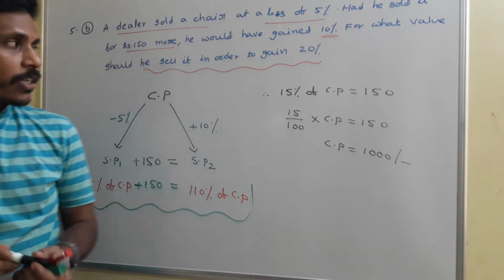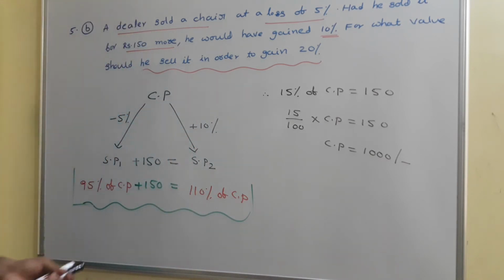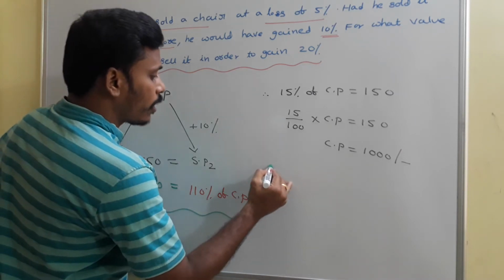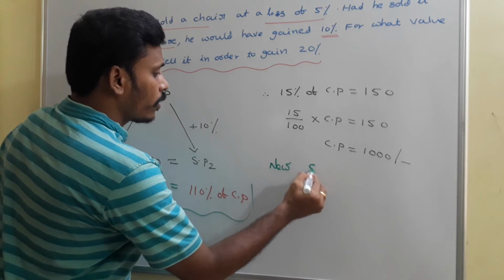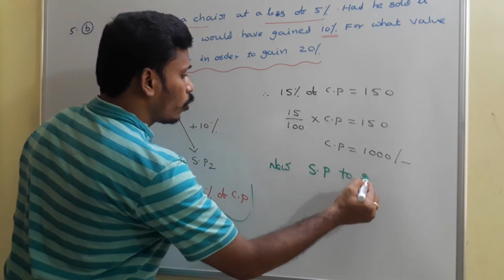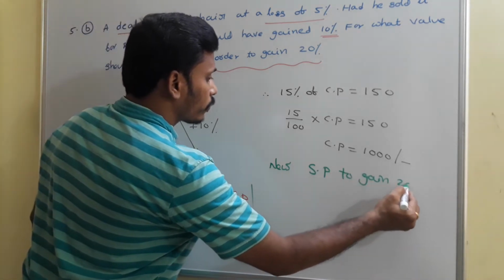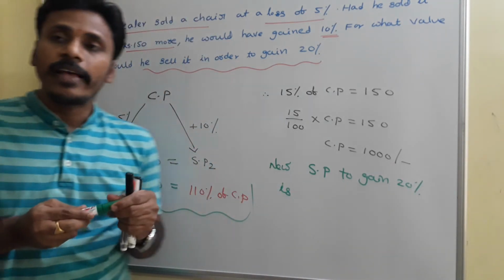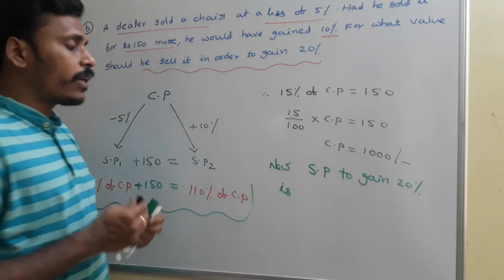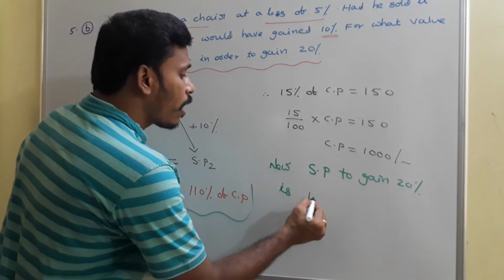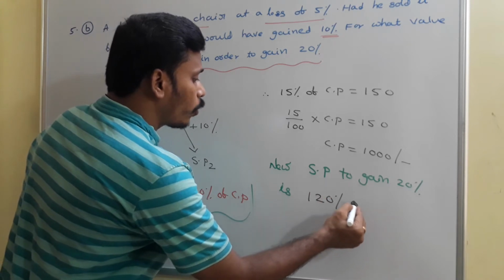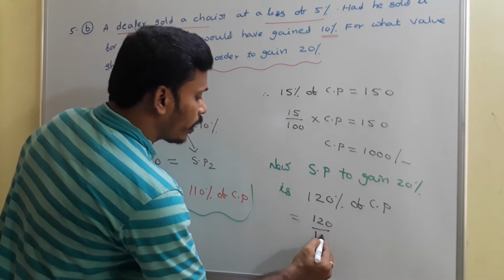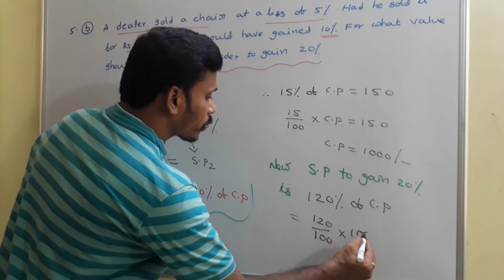See, the cost price of the chair is 1000, but what are they asking? They are asking us to find the selling price to gain 20%. Since there is a gain of 20%, in that case the selling price is always 100 plus 20, 120% of the cost price, and that is equal to 120 by 100 into that cost price 1000.